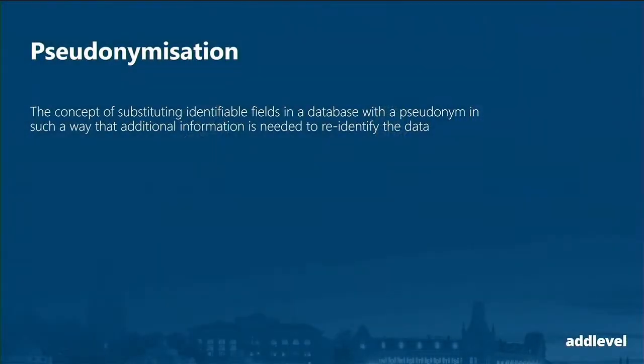And when we talk about pseudonymization and data minimization, we tend to discuss different topics. So it's tokenization, it's format preserving encryption and data masking, and we're going to go into what those mean and how they work. Pseudonymization is a difficult topic to explain, but based on the description here, it says that it's the concept of substituting identifiable fields in a database with a pseudonym.